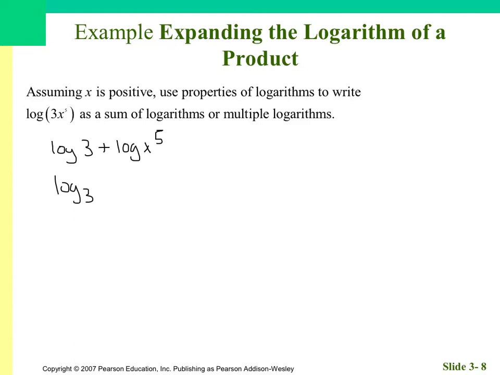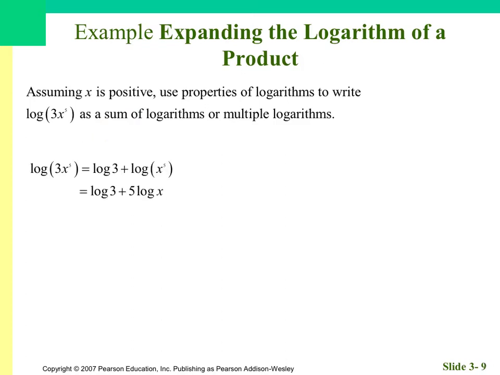Oh, I always want to say it's log 3 plus 5 log of x. So there's those properties being used that I was talking about. See how it's 3 times x to the 5th, so you can separate it to addition, and then we have the power property, which means we can move it right down to the front. Okay? There we go.